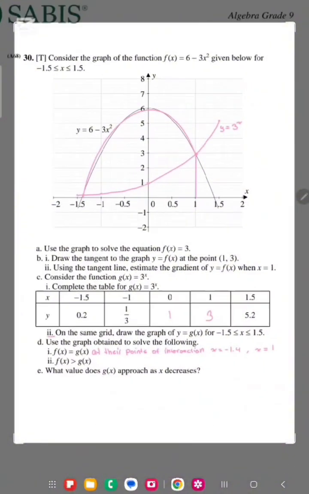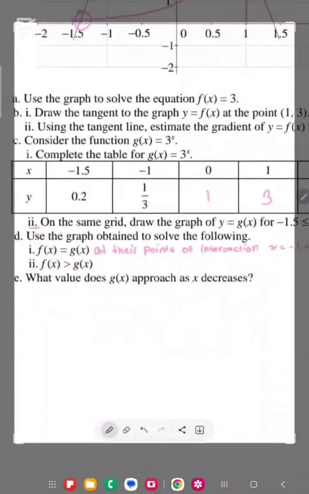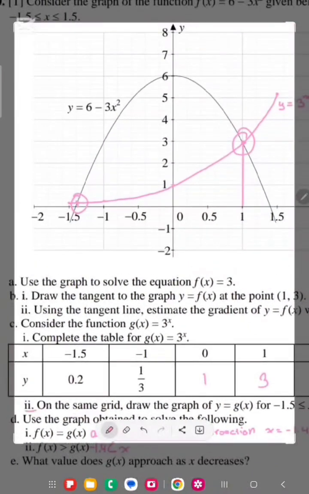So between these 2 points, f of x, which is this line, is greater than g of x. So you're gonna say less than when x is greater than 1.4, greater than.